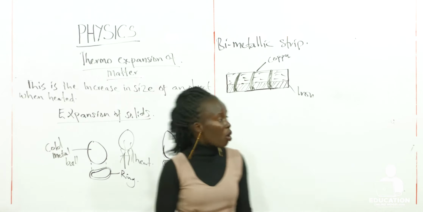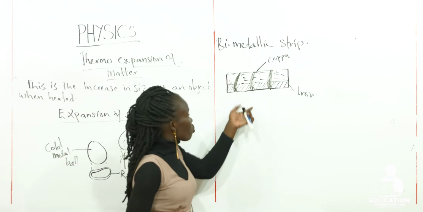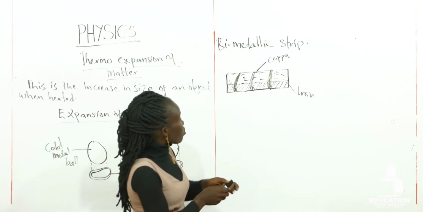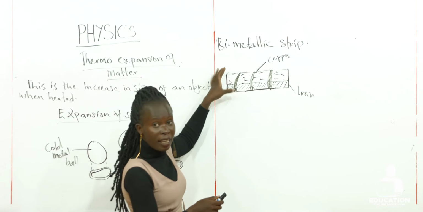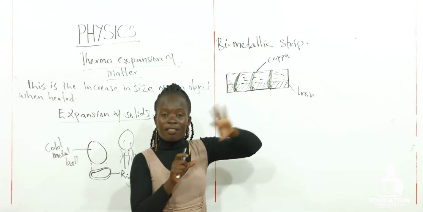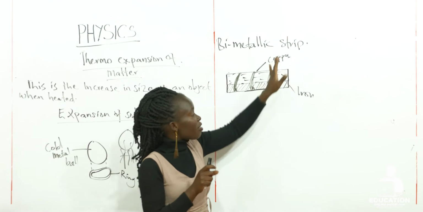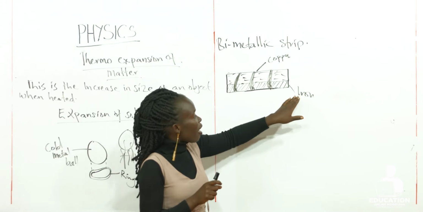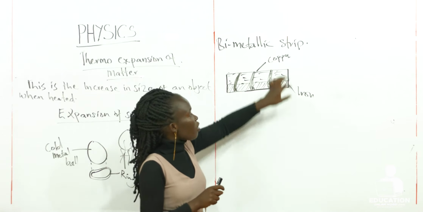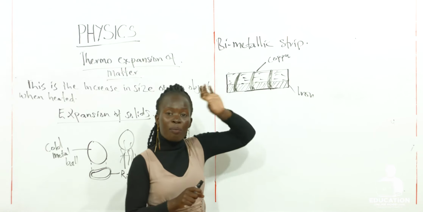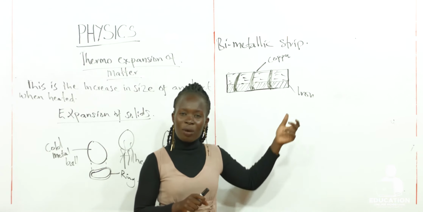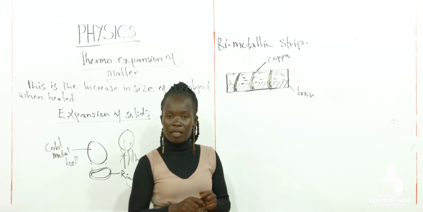So before heating, they are fitting together. We've taken the same length. The length of the copper is the same with the length of the iron, and also their width. They both have got the same width. What we want to see is whether it is true they expand differently.